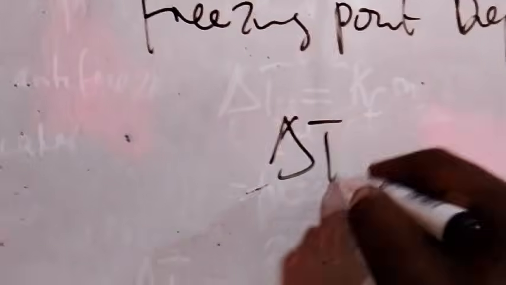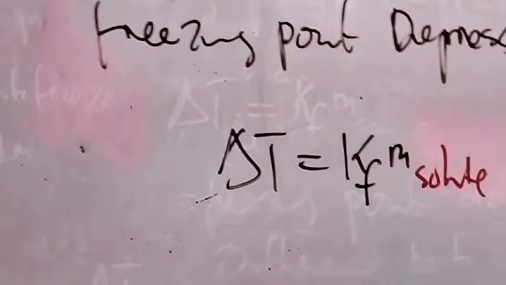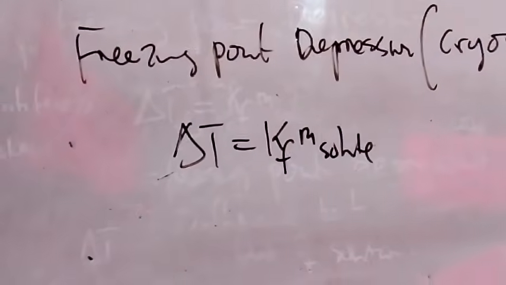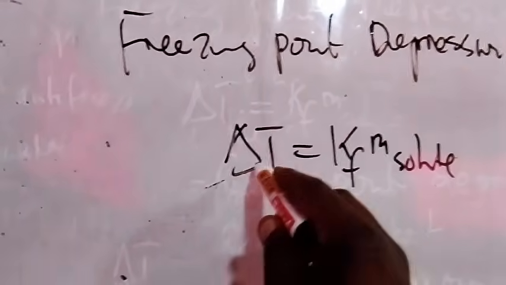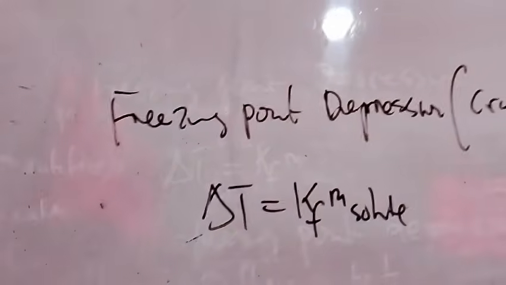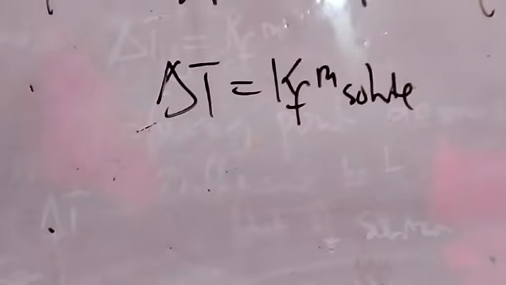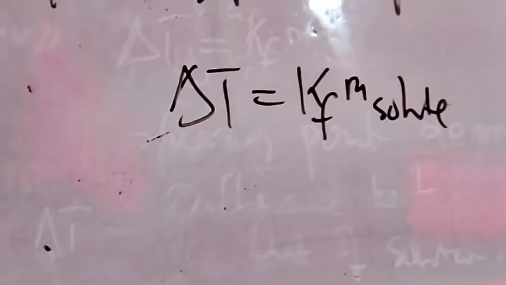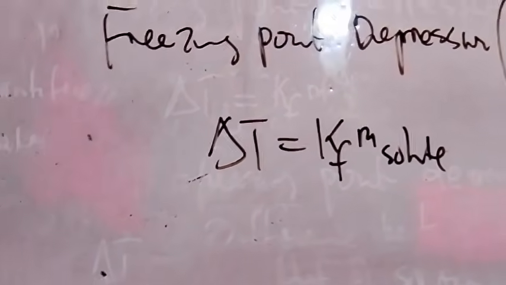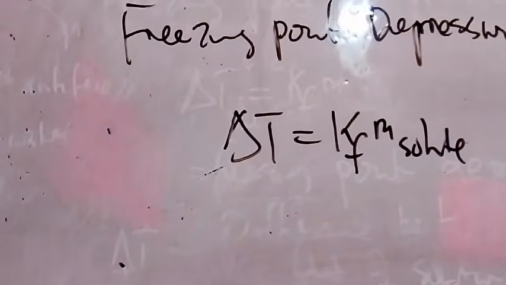It is given by delta T is equal to Kf m solute. So that is the equation. The only difference is Kb and Kf. Delta T is the difference between the freezing point of the solvent and that of the solution.